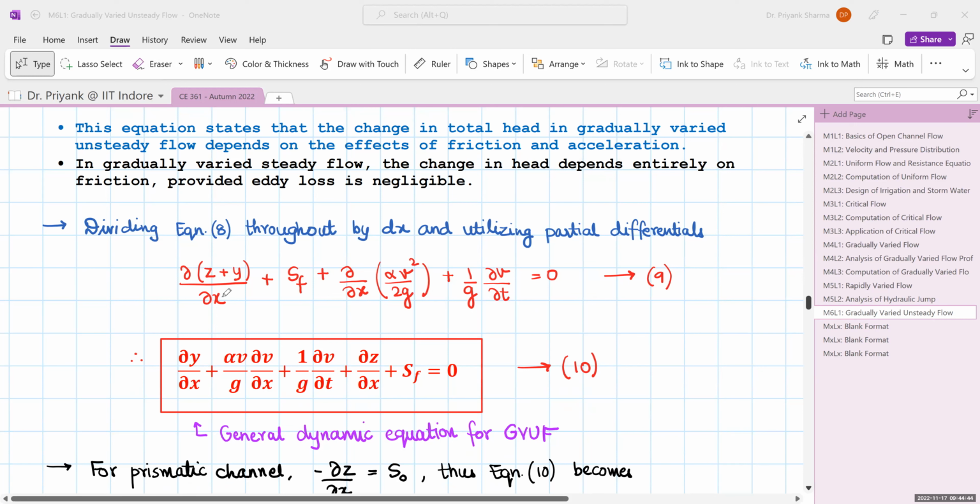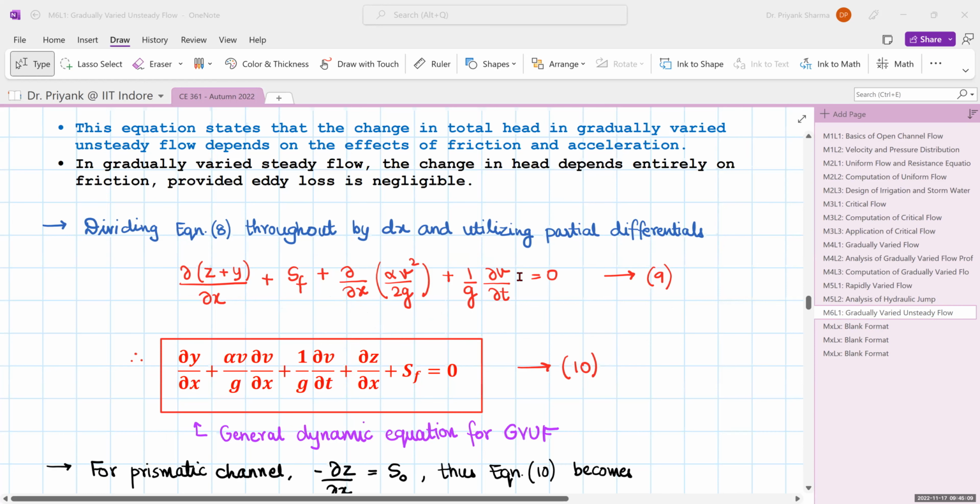On simplifying, we have del y by del x, then alpha v by g into del v by del x plus 1 by g del v by del t, this term. Now del z by del x and Sf as it is. So this is the general dynamic equation for gradually varied unsteady flow.